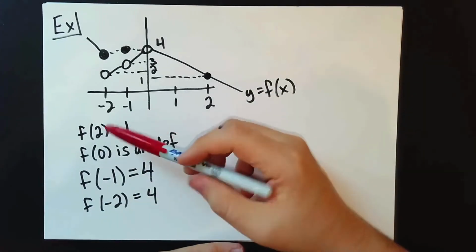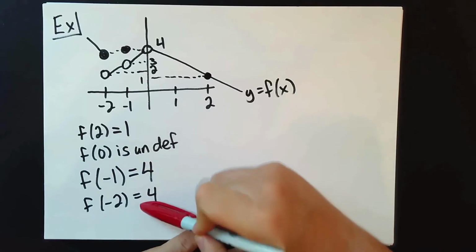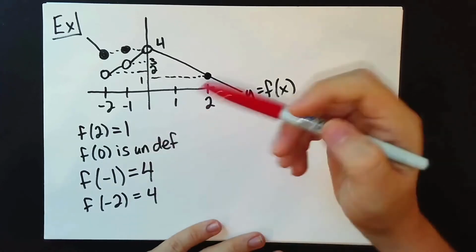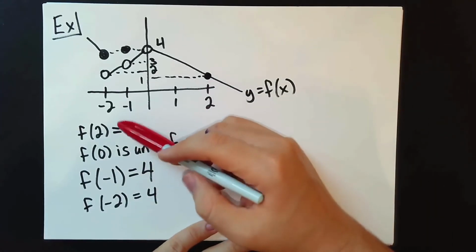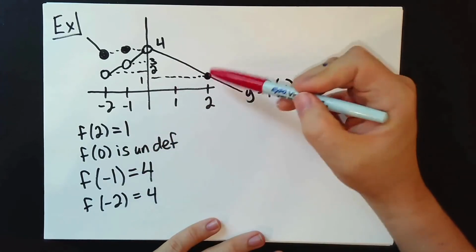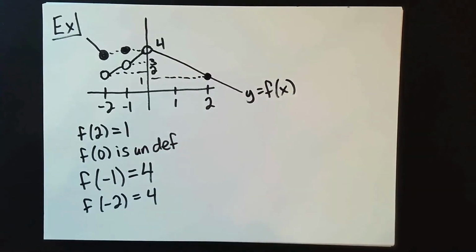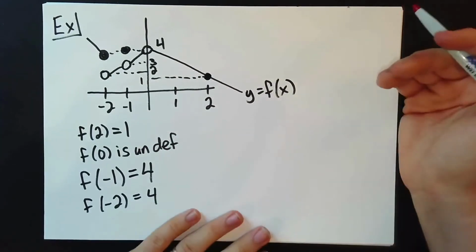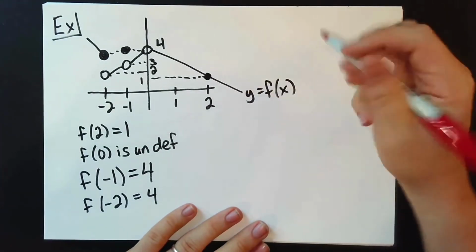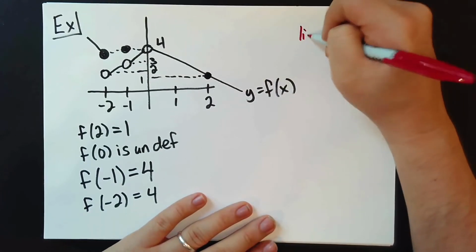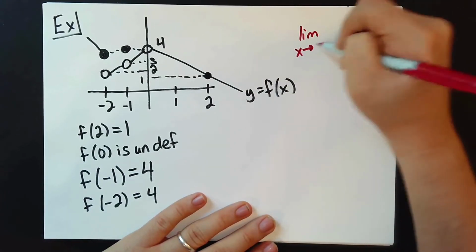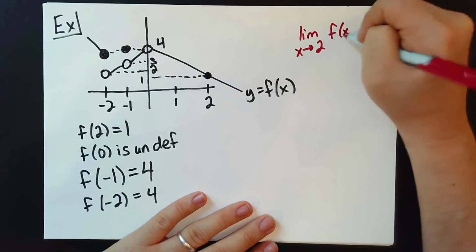Now, all of this we could have done before this section. What I want to do now is compare and contrast these 4 values of the function to the values of the corresponding limits. So, namely, I want to look at what happens when I take the limit as x goes to 2 of f of x.